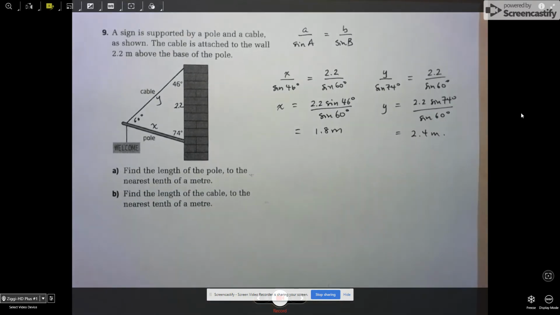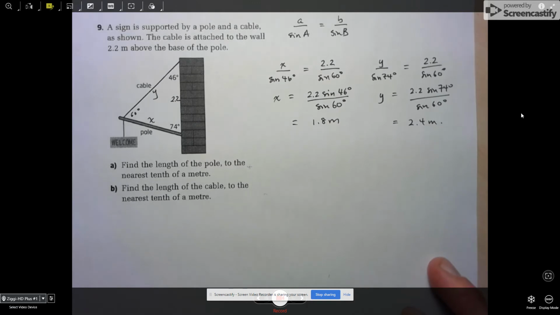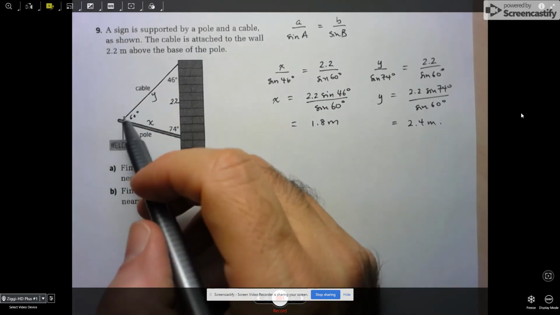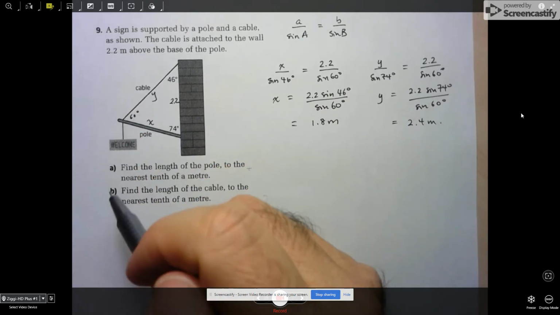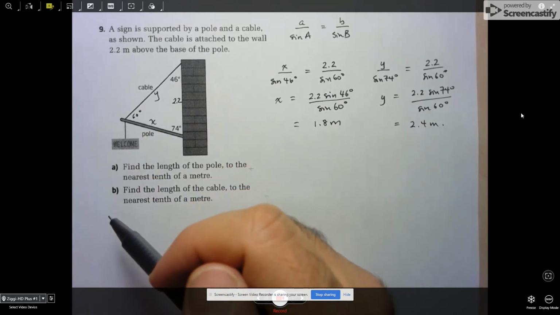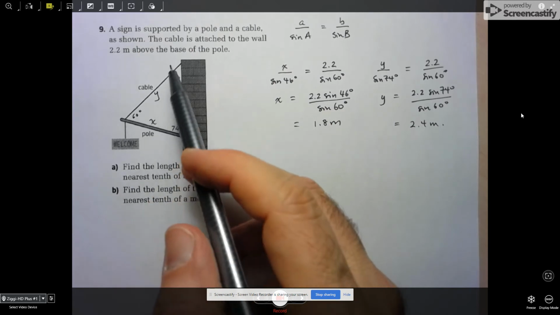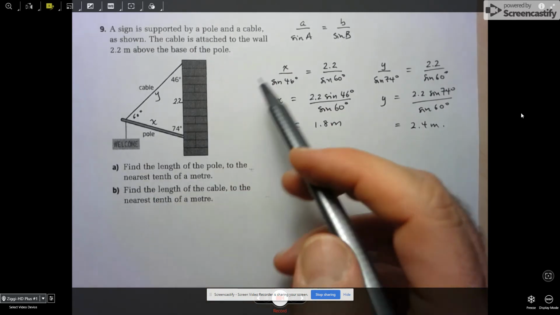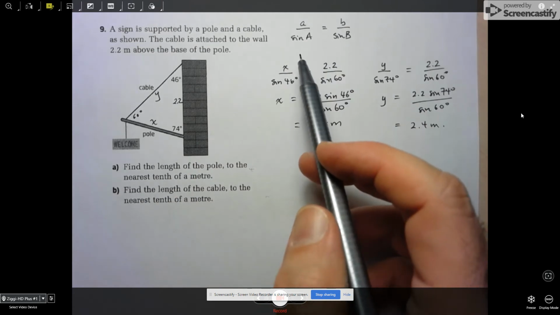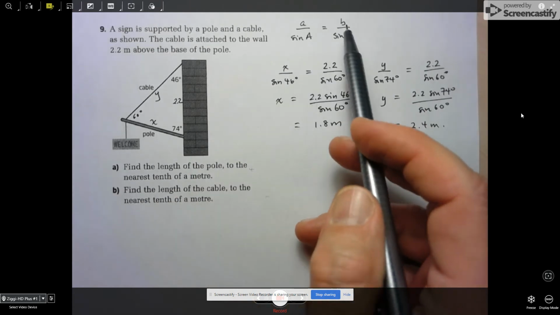All right, so step number one here was to fill in the missing information that was not on the diagram, but that was given in the question. So make sure you identify it on the diagram. Step number two was to realize that because I didn't have a right angle triangle, I had to use some other method. In this case, what we had was the sine law, and I checked that it did indeed apply.